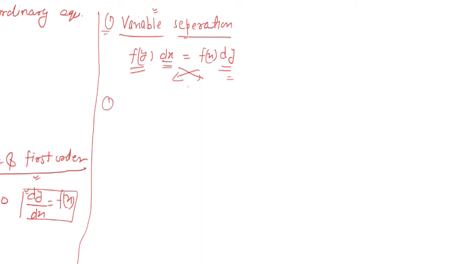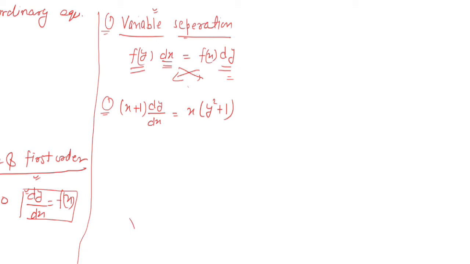So the first numerical is (x plus 1) dy over dx equal to x into (y square plus 1).